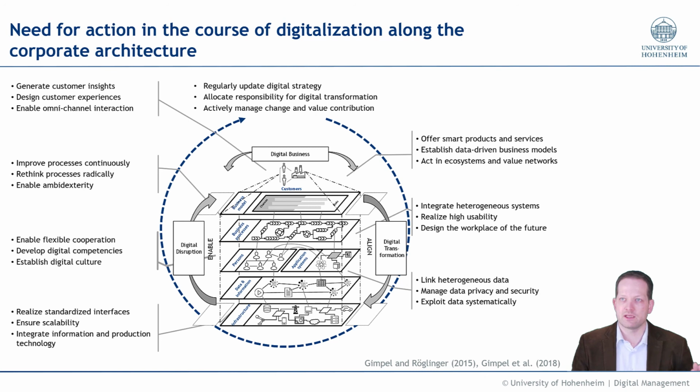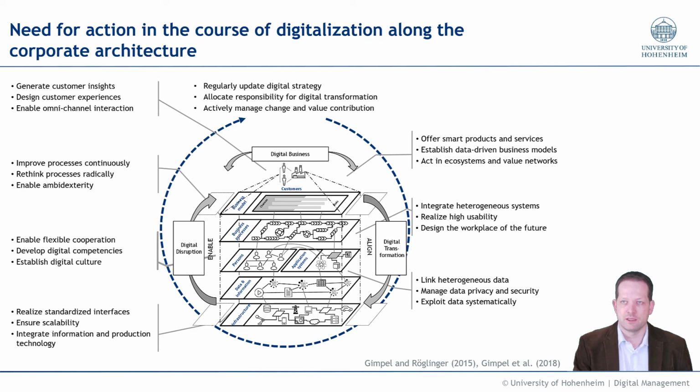You need to regularly update your digital strategy to take advantage of new technological developments, new work routines, to comply with new customer requirements, and to adapt to market changes. You need to allocate responsibility for digital transformation, because all this which I just described to you doesn't happen by chance and it doesn't happen automatically, but you need active digital management, and for that you need responsibility for this digital transformation.